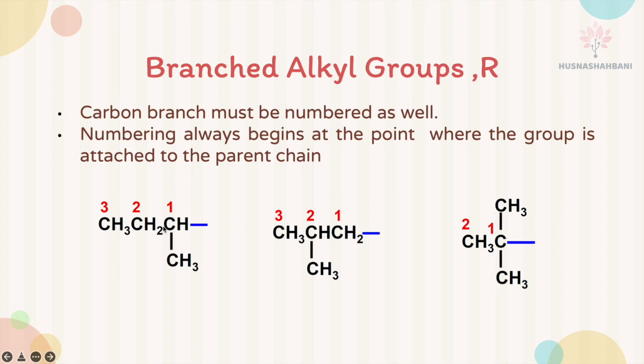For this one, this is the bond attached to the parent, carbon number 1, 2, 3, the same. And this carbon attached to the parent has to be carbon number 1, not this carbon, not this carbon. We select the carbon that is attached to the parent as carbon number 1. So this is numbering the carbons on the branch.